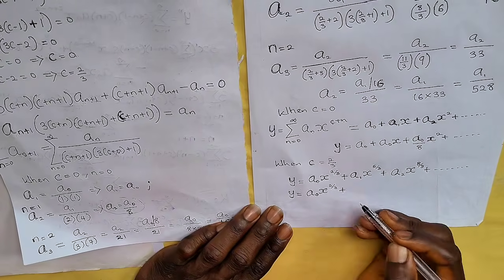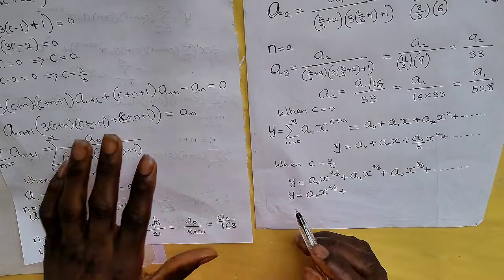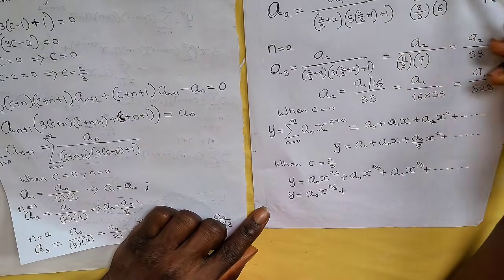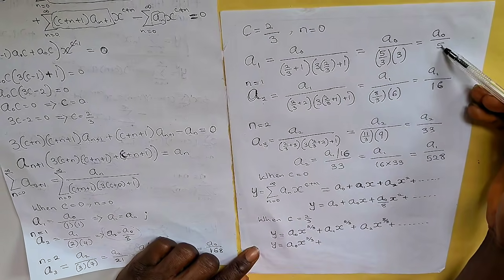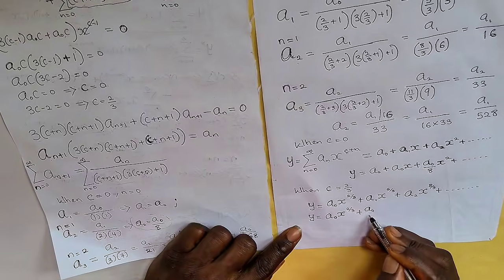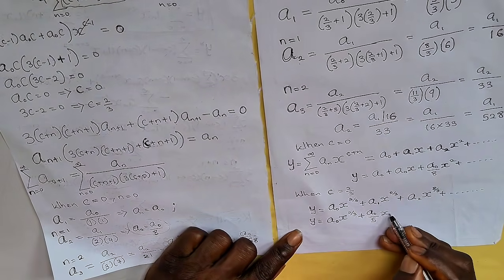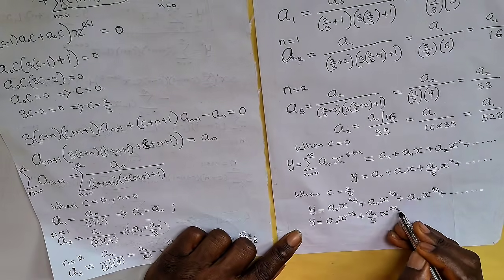Plus, now what is a1? A1 is a naught over 5, right? So replace it as a naught over 5 x to the power 5 over 3.